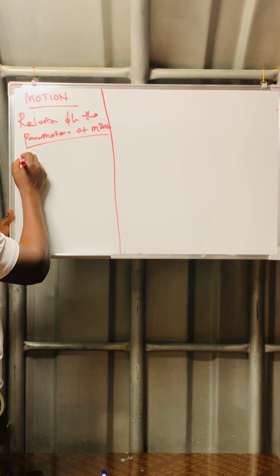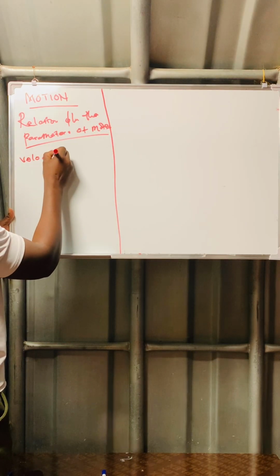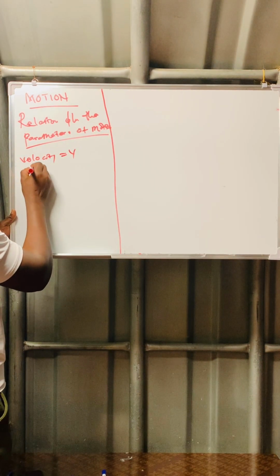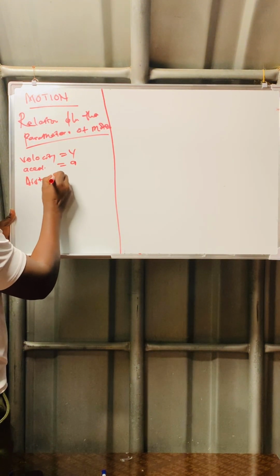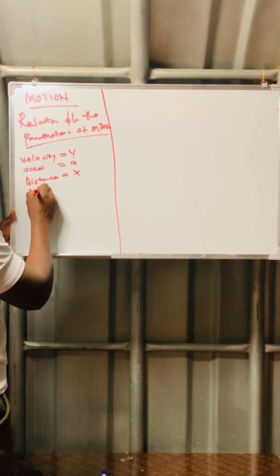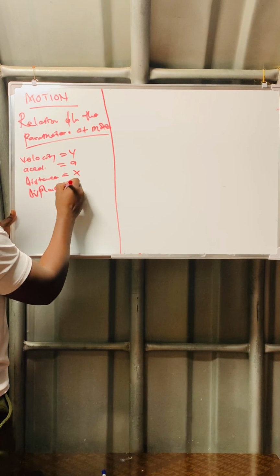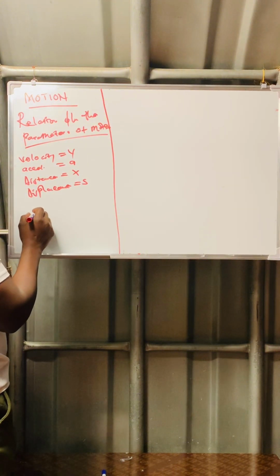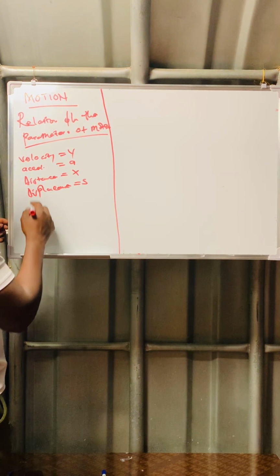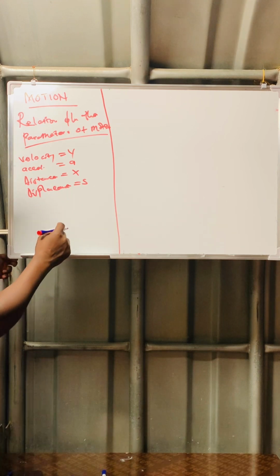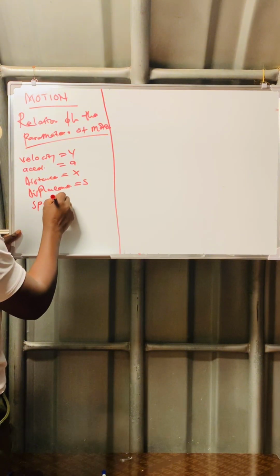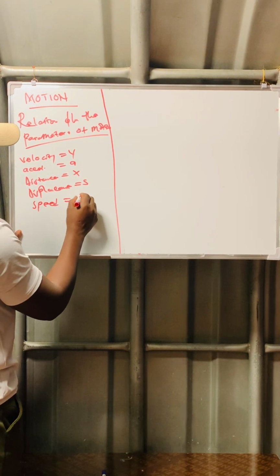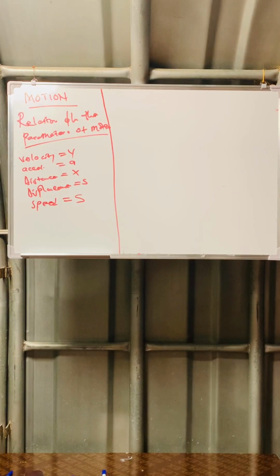Let's define velocity to be v, acceleration to be a, distance to be x, and displacement to be s. Let's say speed can be represented by capital X. Are we okay?